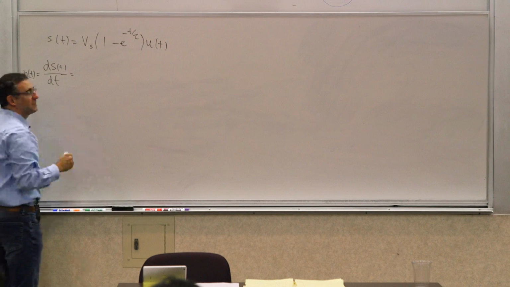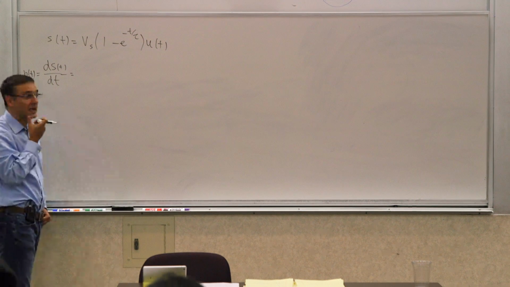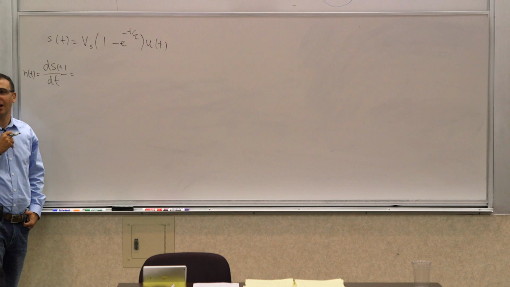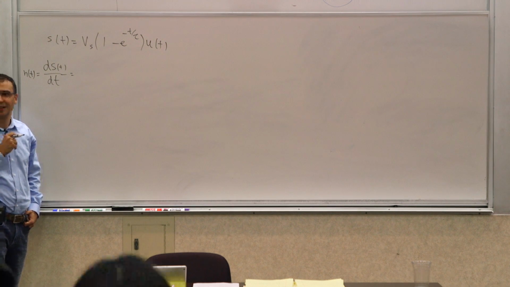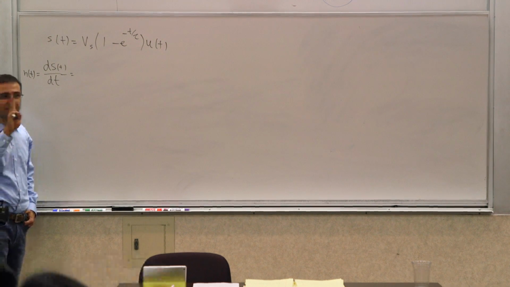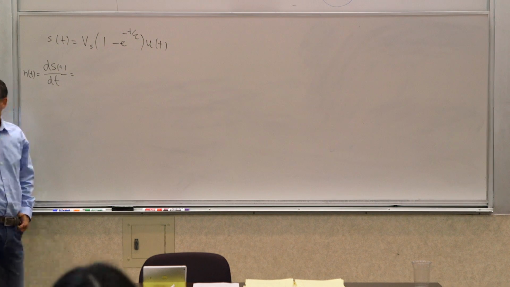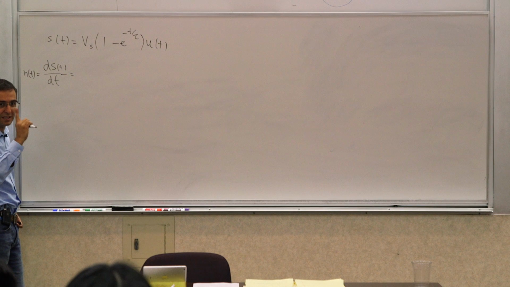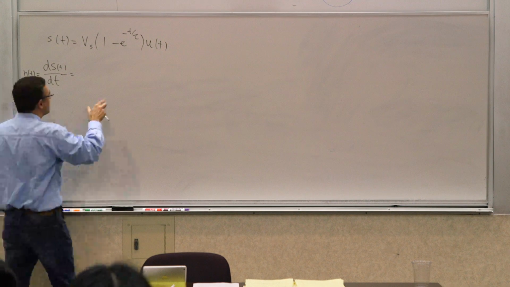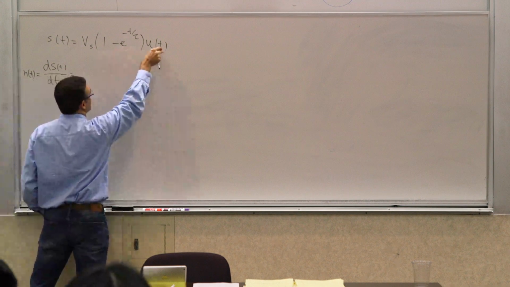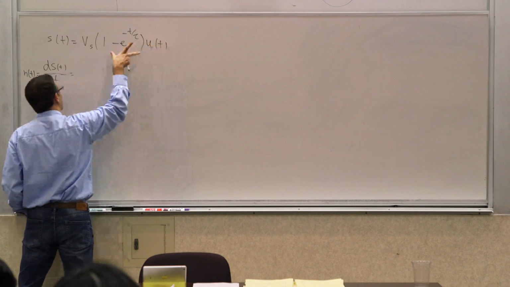So what is the derivative of this with respect to time? What are the things that are functions of time? There are two. Be careful. One is e to the negative t over tau. The other one is u of t. So it's the derivative of the first one times the second one, plus the derivative of the second one times the first one.